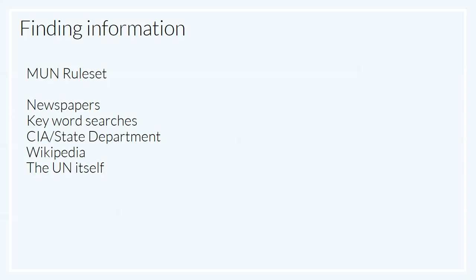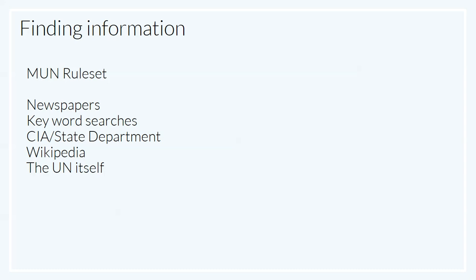So how do we find information? In reality, there's a huge list in the MUN rulebook that was sent round with every resolution. However, the core areas students find easy are keyword searches on Google and newspapers. The CIA and State Department also have a fantastic summary, particularly for the general research framework of each country.